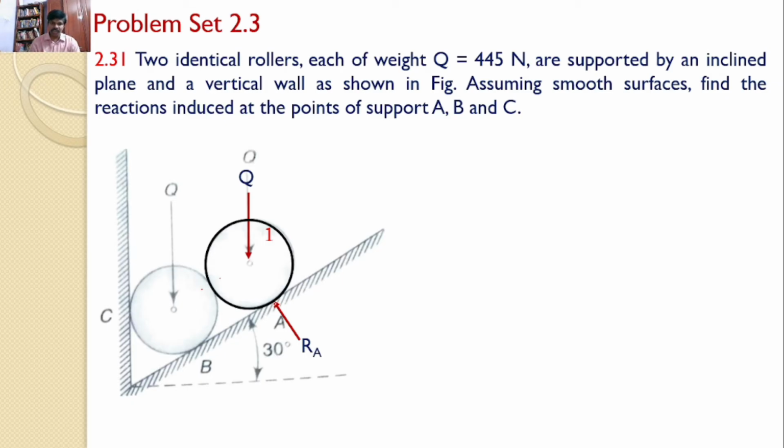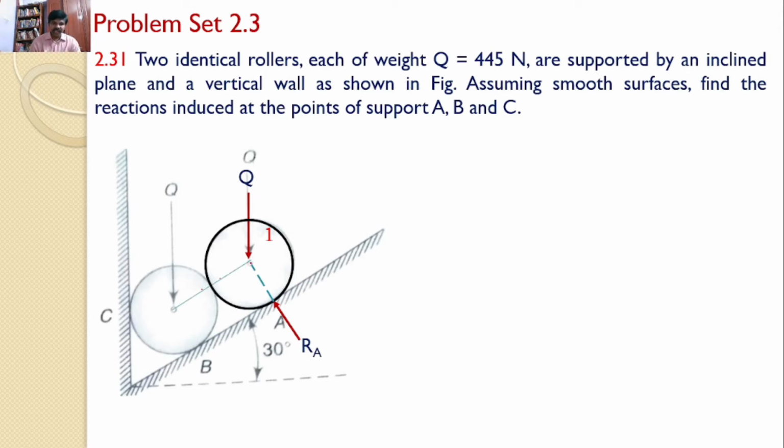This reaction force is RA, which is perpendicular to this inclined surface and it is towards the support. In addition to that, this roller is also in contact with this second roller. Hence, the second roller gives a reaction force onto the first roller.